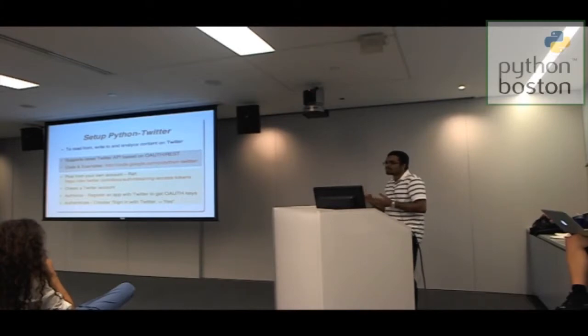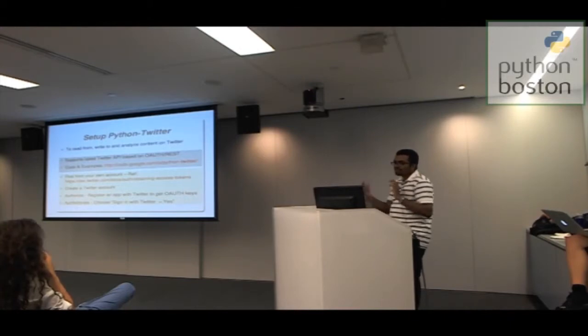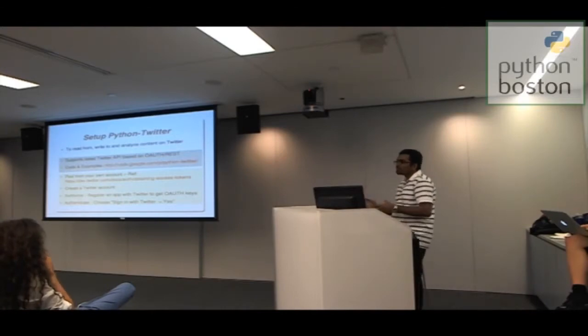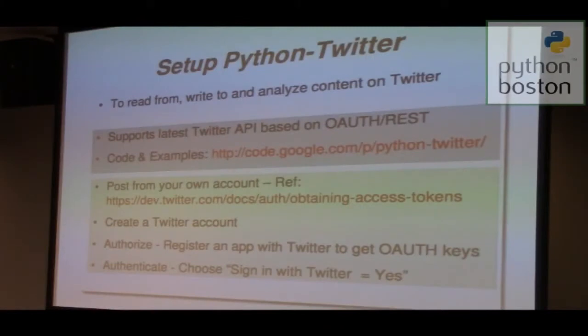How this works is the Twitter API is built on top of HTTP. Using OAuth and REST, I'm not very familiar with the details of that, but the Python Twitter library exposes a high-level class framework for you to interact with the Twitter platform. It'll give you methods and so on.